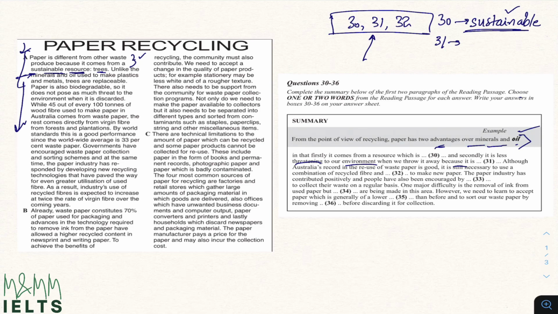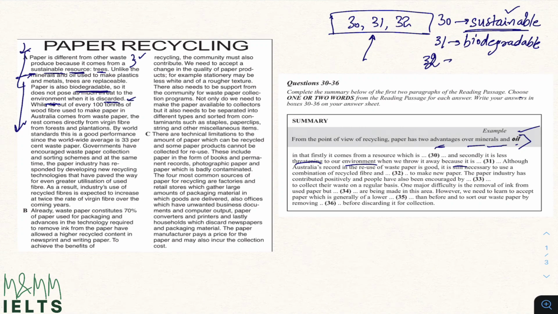Paper is also biodegradable. So it does not pose as much threat to the environment when it is discarded. Discarded, environment, all the keywords are here. Paper is also what? Biodegradable. So if we fit that word here, it says, secondly, it is less threatening to our environment when we throw it away because it is biodegradable. So this is how I'm finding my correct answers.